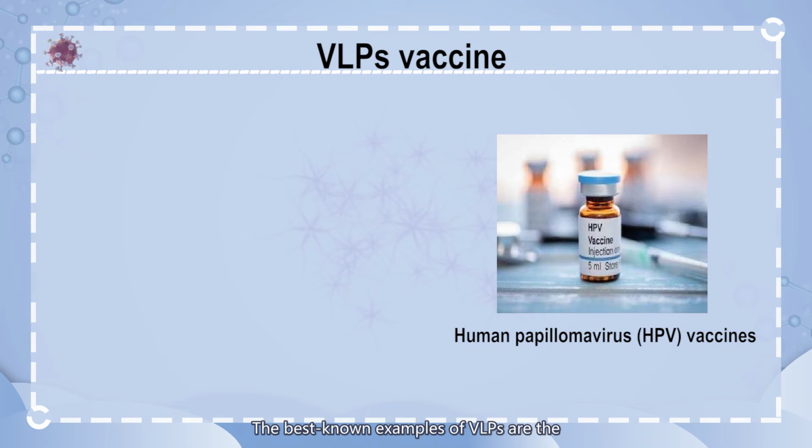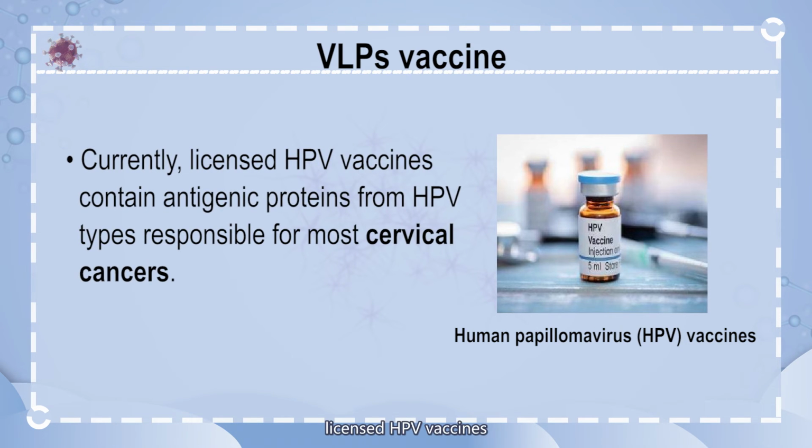The best known examples of VLPs are the human papillomavirus (HPV) vaccines that protect against cervical cancer caused by this oncogenic virus. Currently licensed HPV vaccines contain antigenic proteins from HPV types responsible for most cervical cancers.